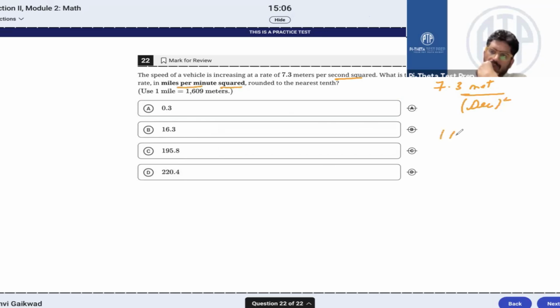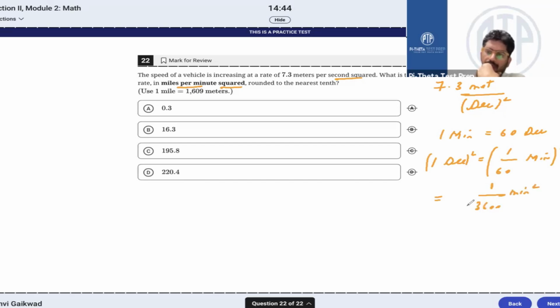Now what we know is 1 minute is 60 seconds. So how much will be 1 second? 1 second will be 1 upon 60 minute. And second squared means we have to square this, right? If you are squaring this, this will become 1 upon 3600. That is nothing but minute squared.